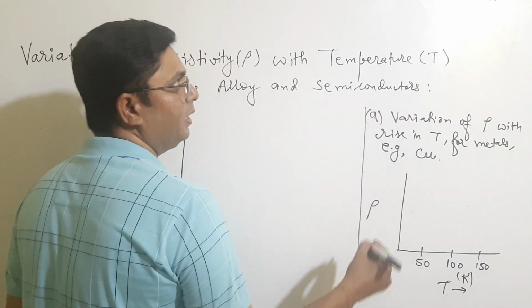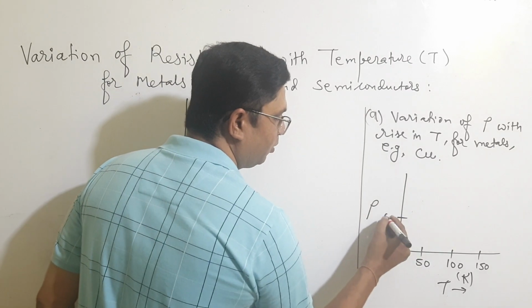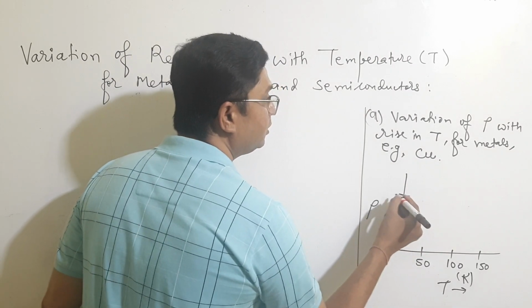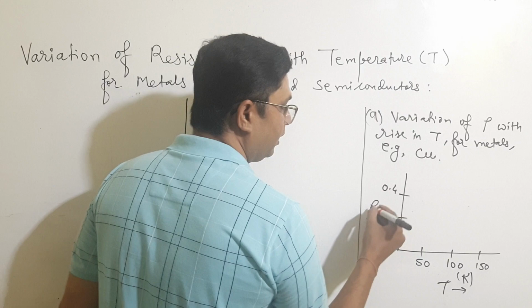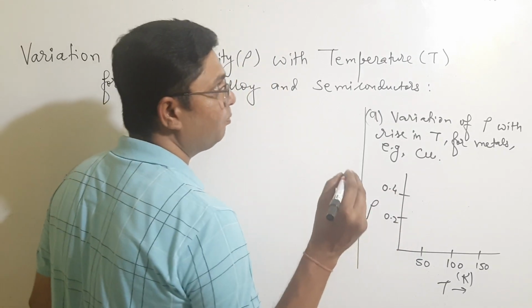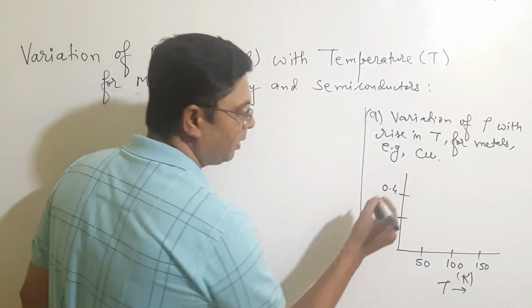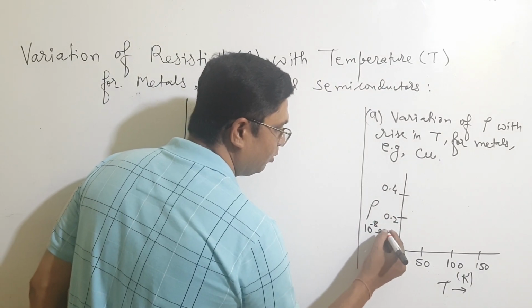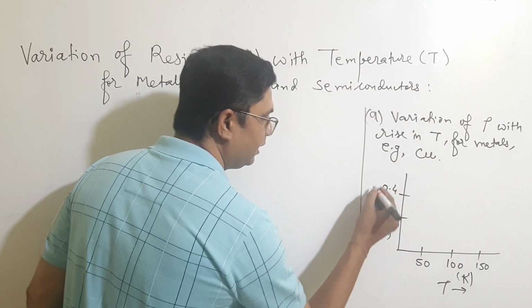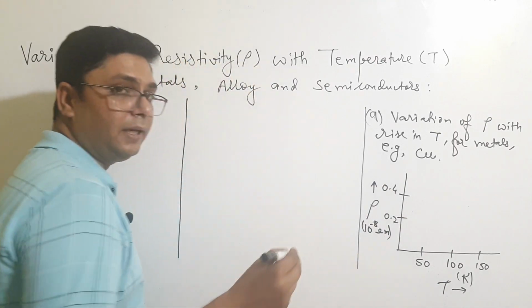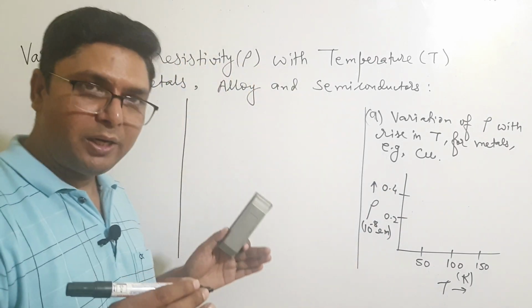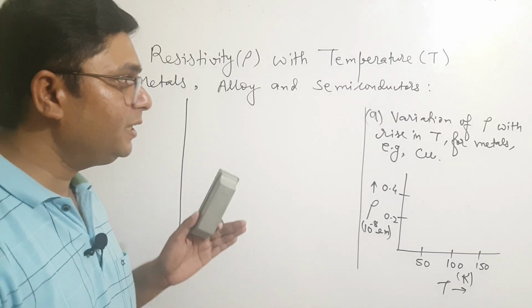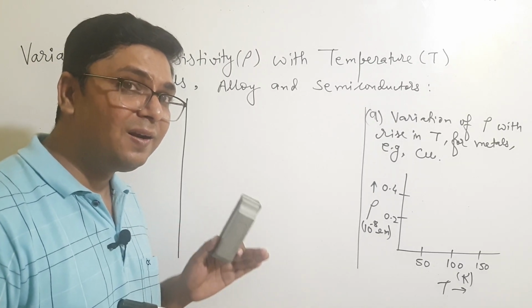And here we are putting resistivity. Let this be 0.2 and this is 0.4, and the value of resistivity is 10 to the power minus 8 ohm meter. Then if you increase the temperature, you find that resistivity of metal increases.